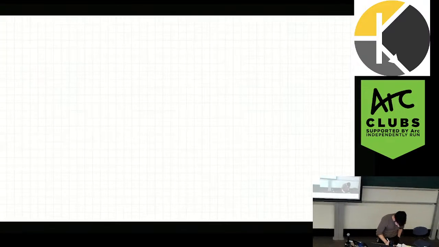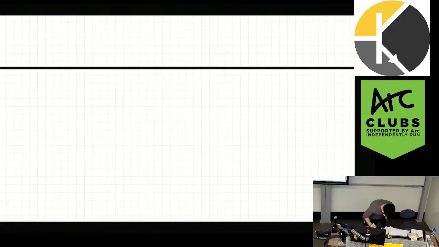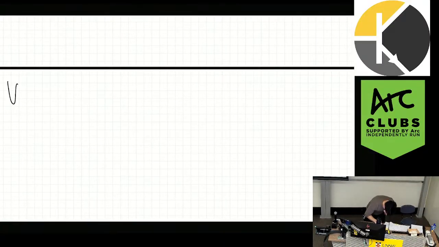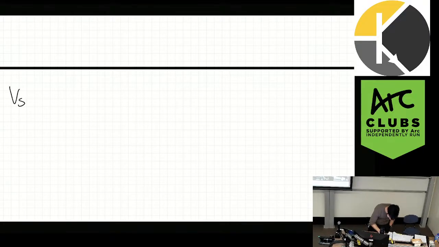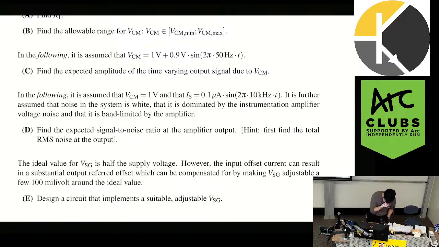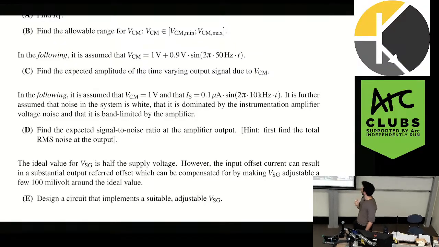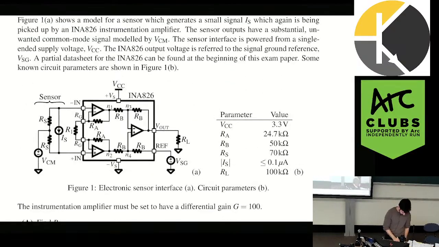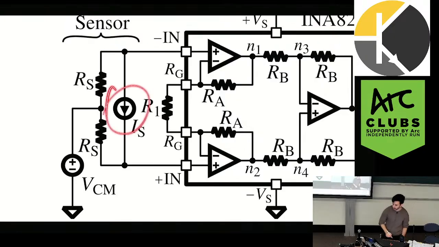Now, the next part is to find the signal. So we found V noise, now we need to find V signal. And what we're told in the question is we're given the sensing current.